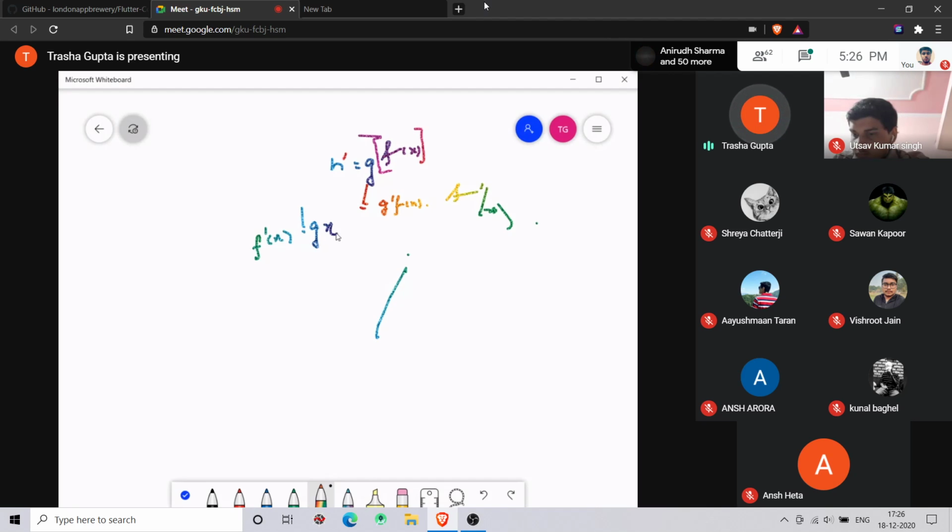This is how you write it: the derivative of function f(x) at any point x, if it exists, is a function of x. You can write it as f dash x is equal to g of x.